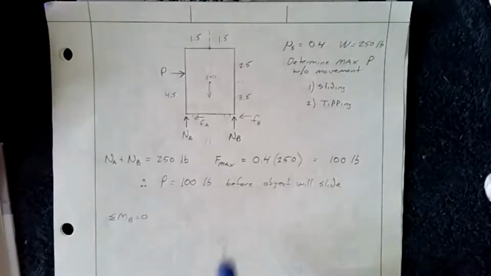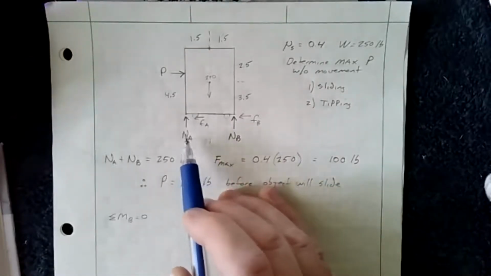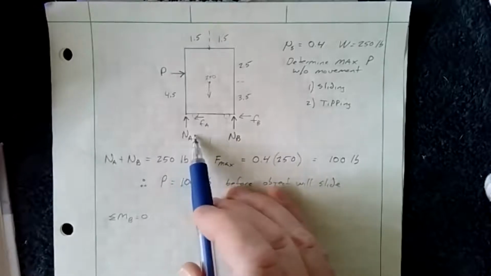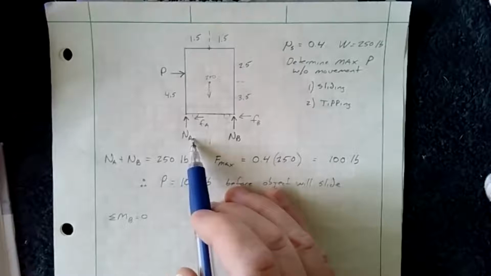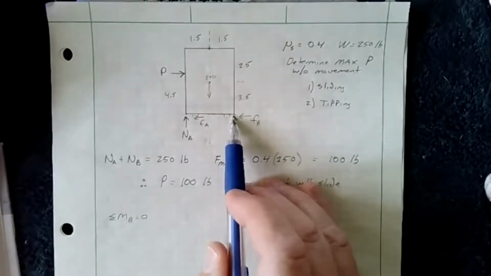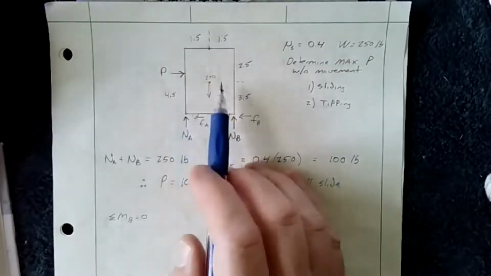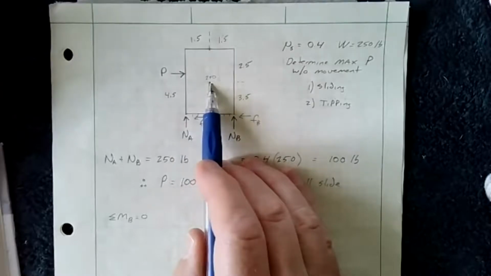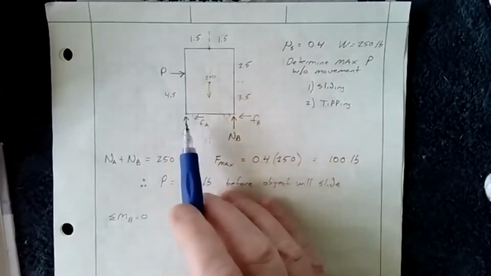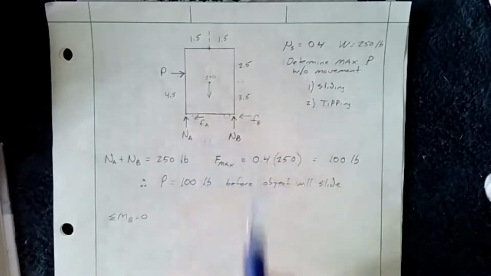And what I mean added together is that because I'm assuming that tipping occurs when NA goes to 0, NA is not going to contribute to the moment. So the only 2 points that really matter are NB, or B, and P. And so we have the 250 is going to be balanced with P, because NA being 0 isn't going to have any contribution to the moment.